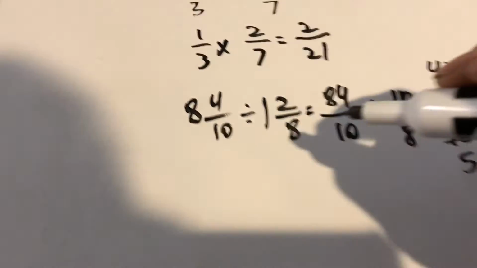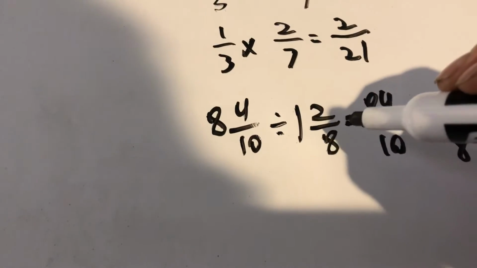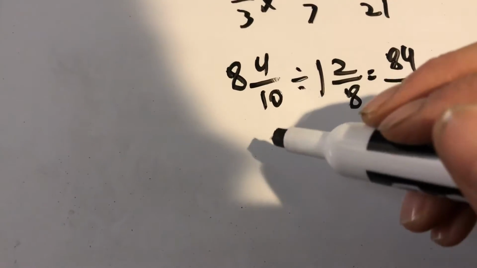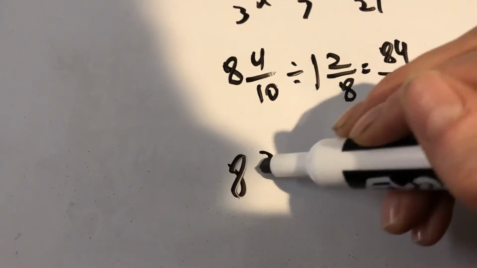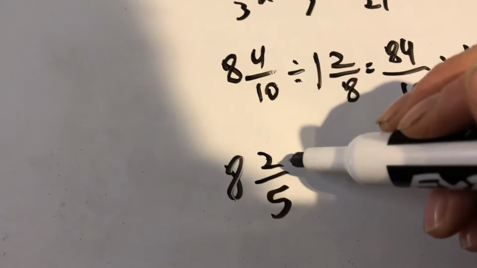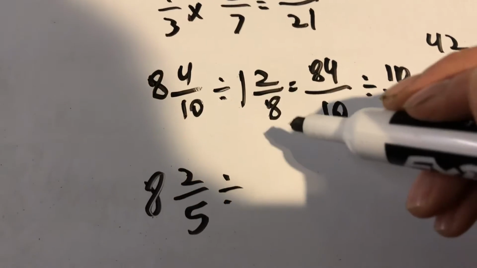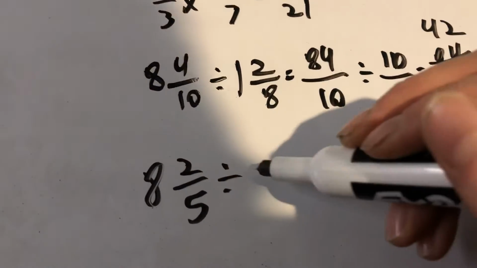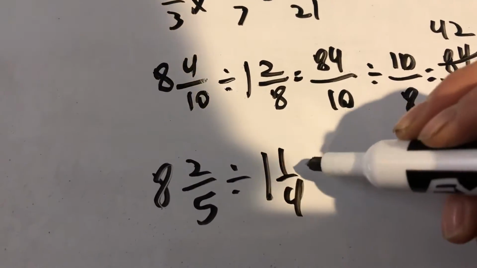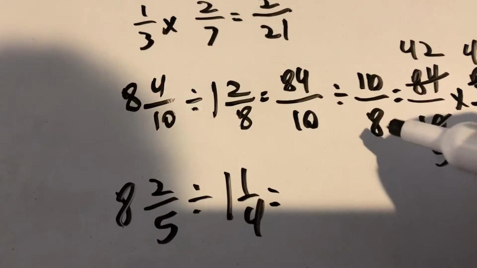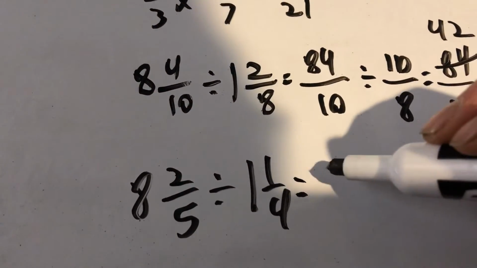Another way you can do this is you can reduce these numbers. So 8 4/10 is the same thing as 8 2/5. 4/10 reduced to 2/5. Divided by 1 2/8 can be reduced to 1 1/4 because 2/8 is reduced to 1/4. And then, like the same procedure as above, you can turn these mixed numbers into improper fractions.